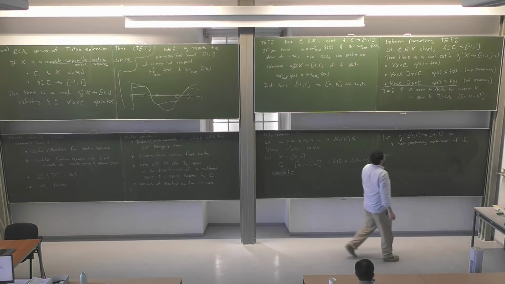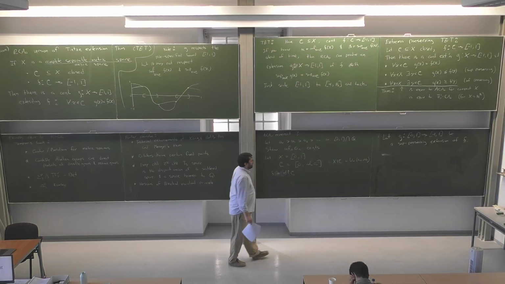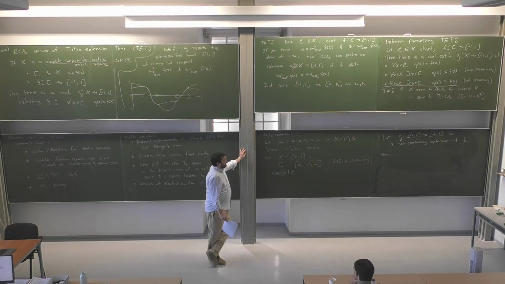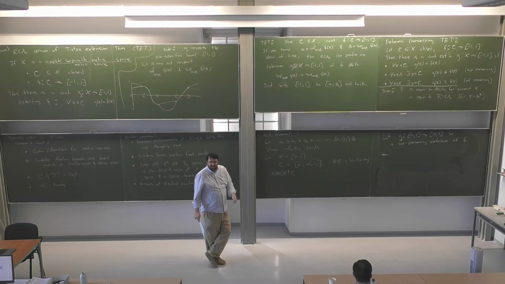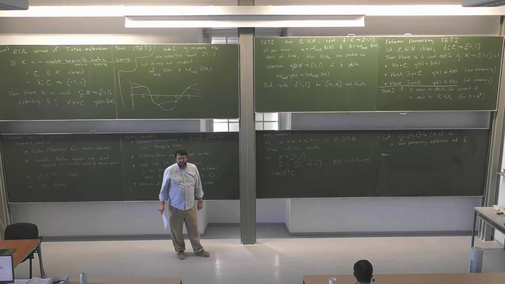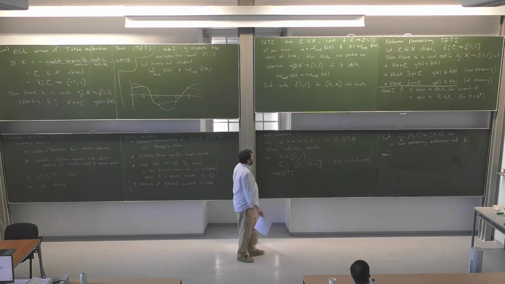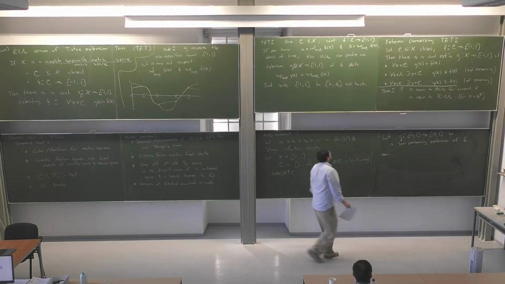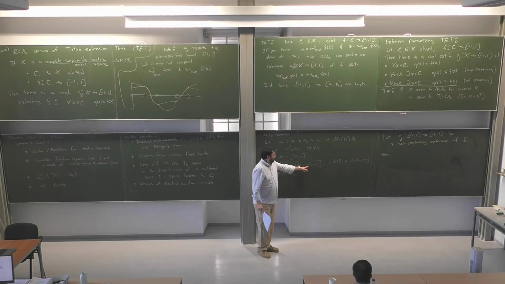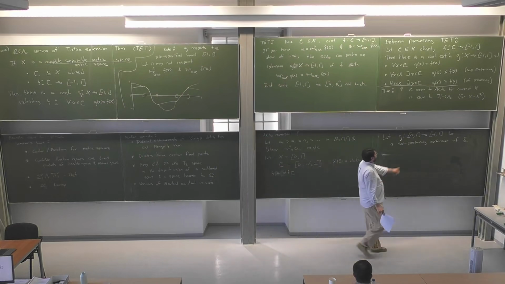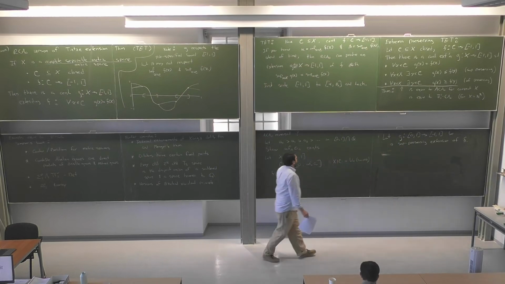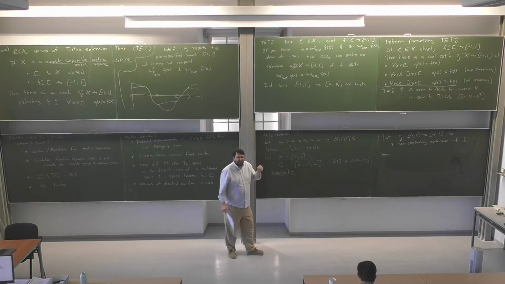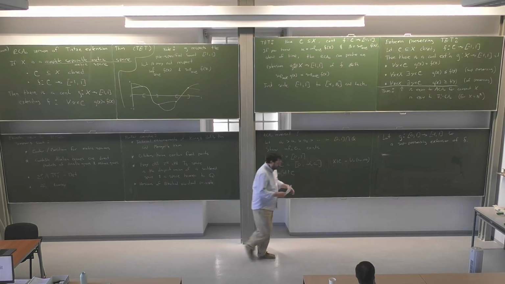Since G is a sup preserving extension of f, I can approximate the supremum of G, and therefore the supremum of f, from below just by evaluating G on the rationals, right? And the sup of f is the inf that I'm looking for. I can approximate that from below by evaluating G on the rationals, whereas it's naturally already approximated from above, so I can zero in on this number.